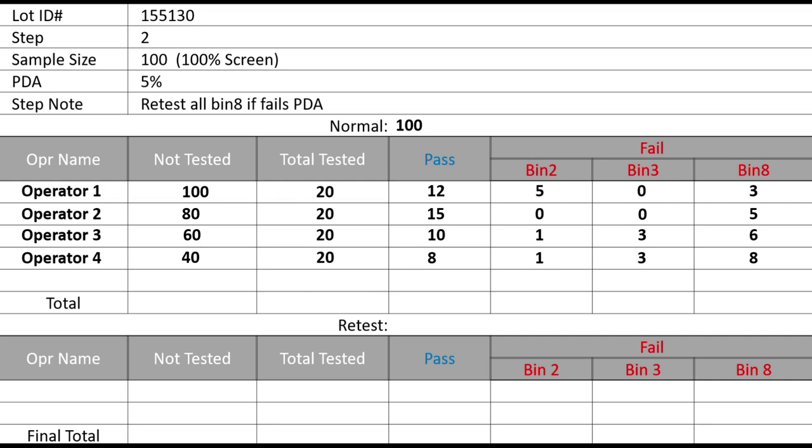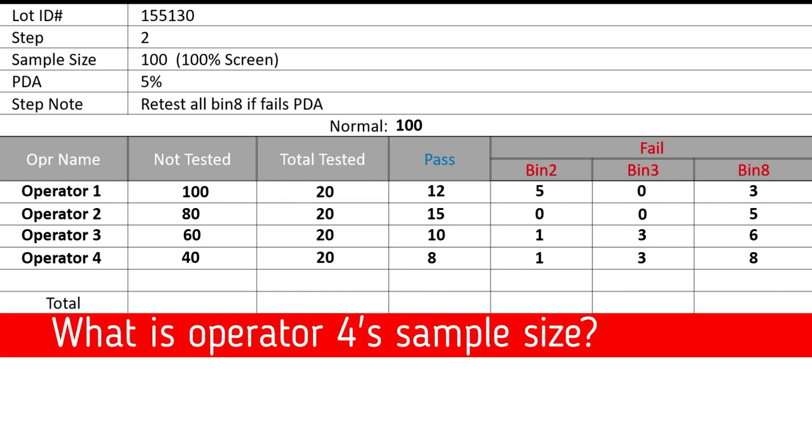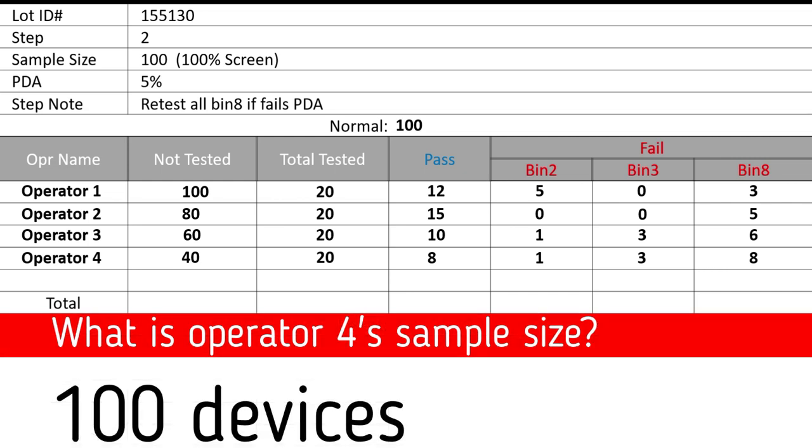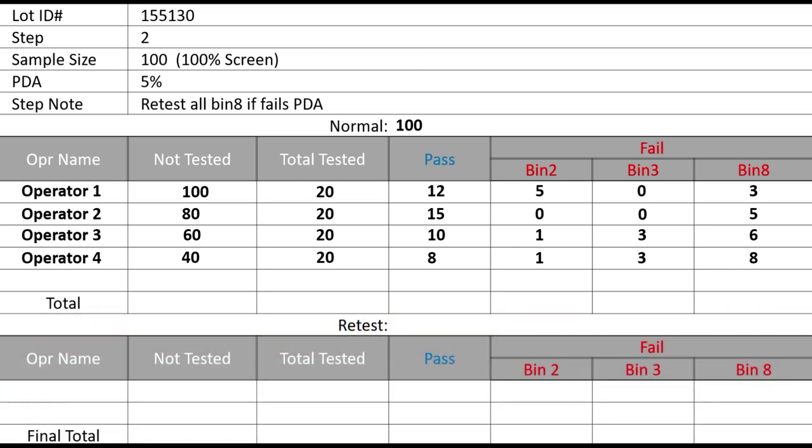So again, my question is, what is operator 4's sample size? And again, it is 100. This is because operator 4 is on the same step as operators 1, 2, and 3. Remember, sample size is the previous step's passes, not the previous operator's not tested.